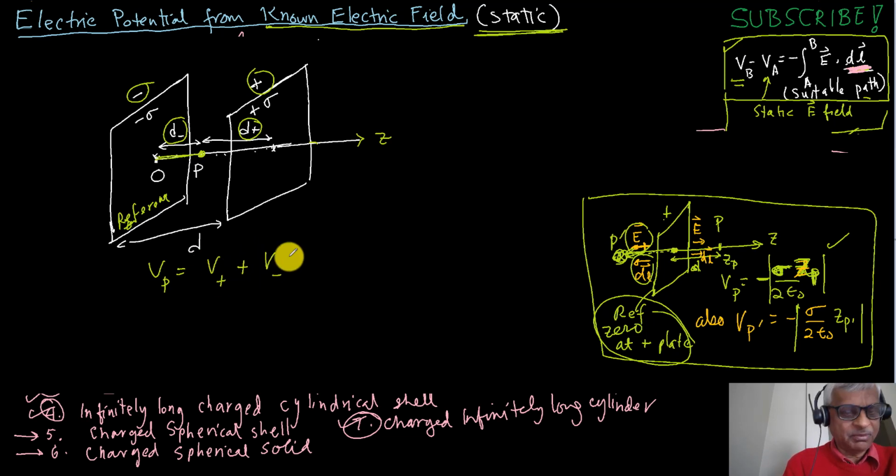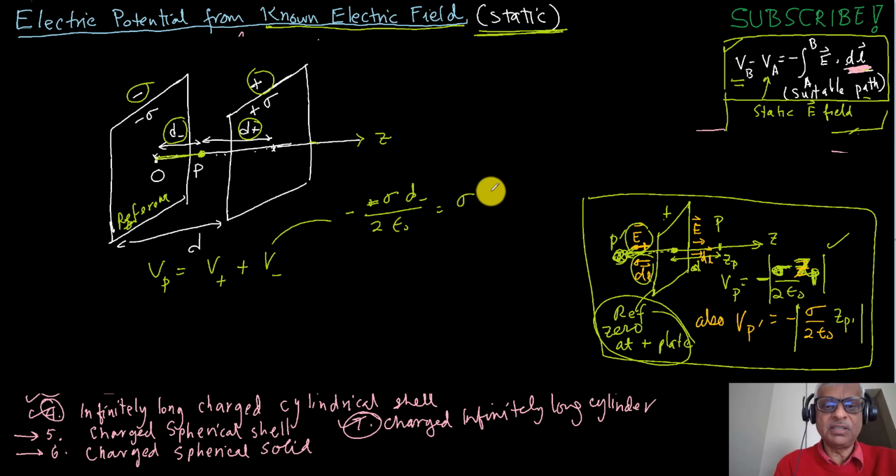From the negative plate, using just this formula, it is going to be minus sigma d minus over 2 epsilon naught.